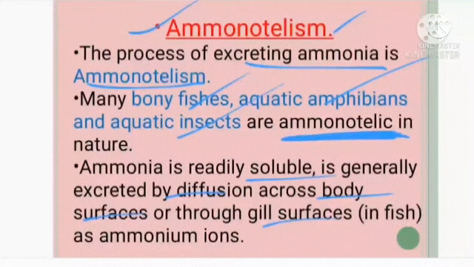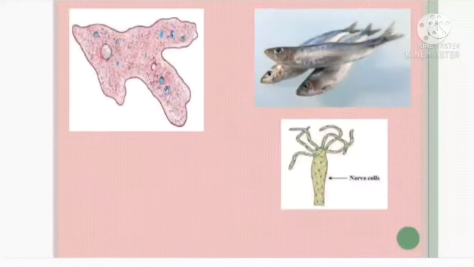Ammonia is eliminated in the form of ammonium ions, which react with water and are made harmless. It's not that toxic. These are some of the organisms that exhibit ammonotelism.